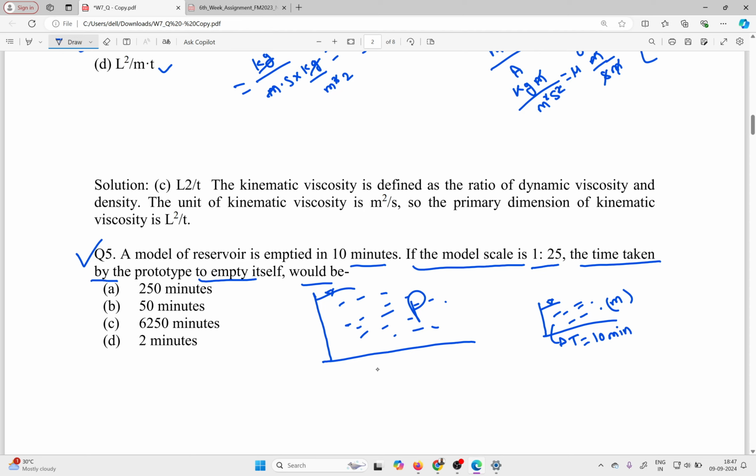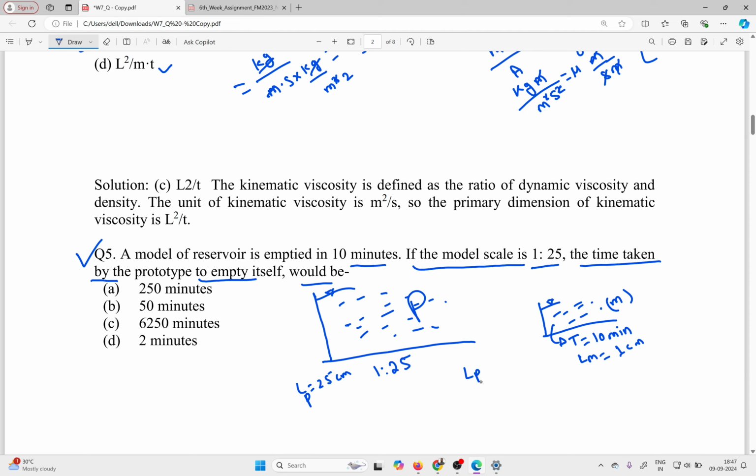If the scale is 1 is to 25, what does it mean? Here the dimension in the model is 1, and in the prototype, suppose the length is 25. If it is 25 centimeter, then here 1 centimeter. If 25 meter, then here 1 meter. So what is given?